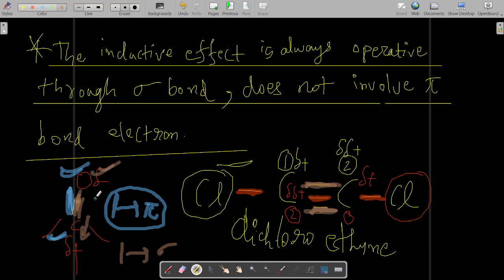It will be displaced towards the O, but the pi bond, which is blue in color, will spend equal time with carbon and oxygen both. So inductive effect is always operative through sigma bond, does not involve pi bond electron. This is the thing you must remember.